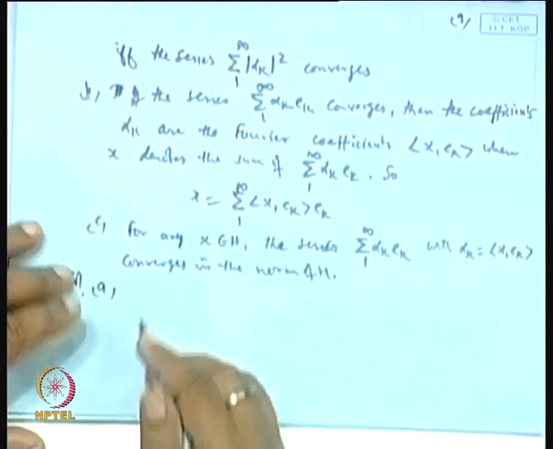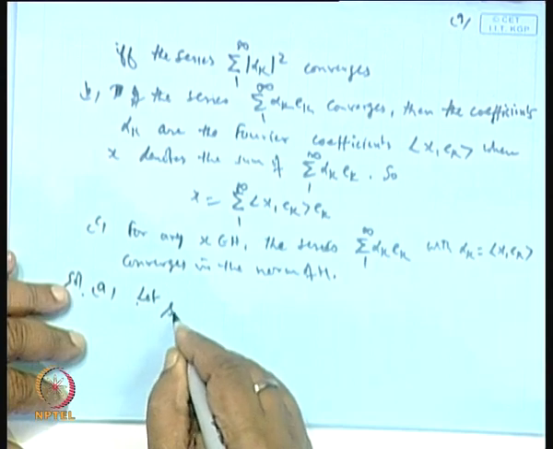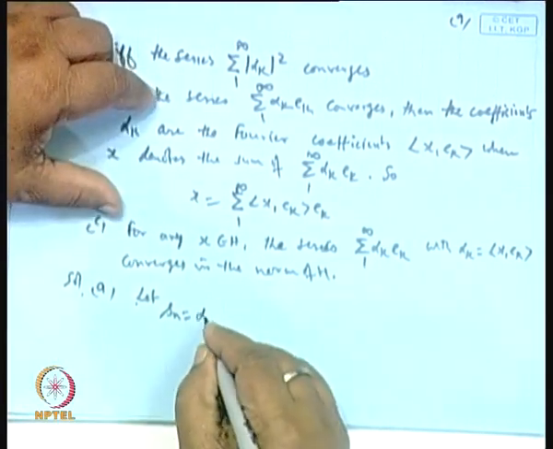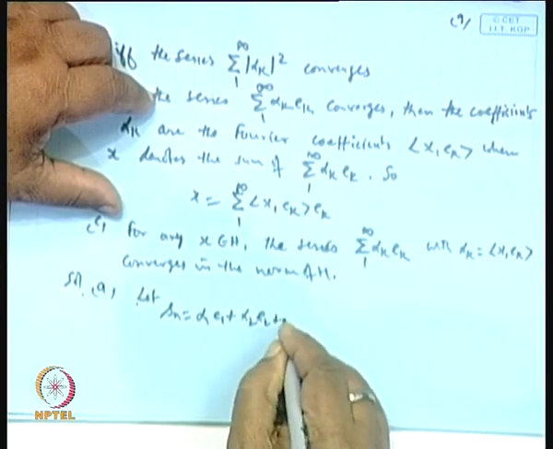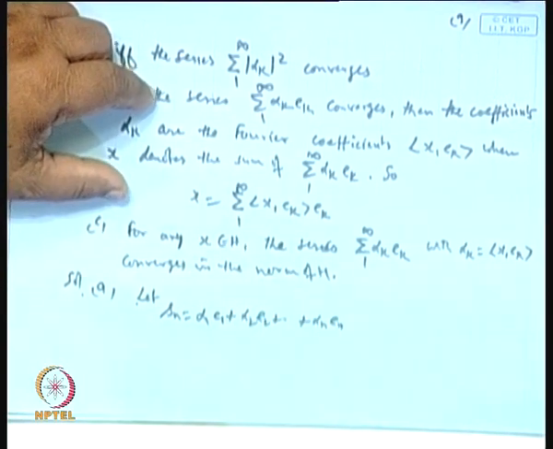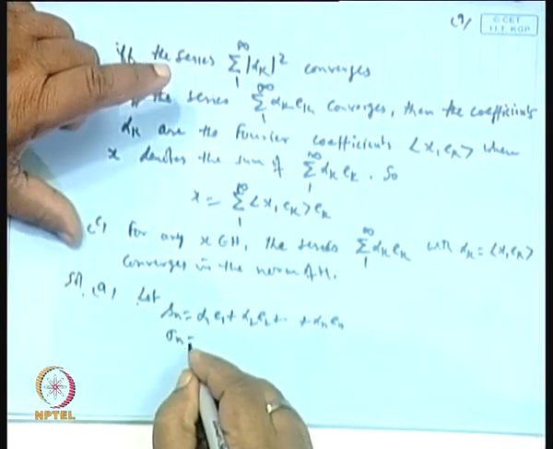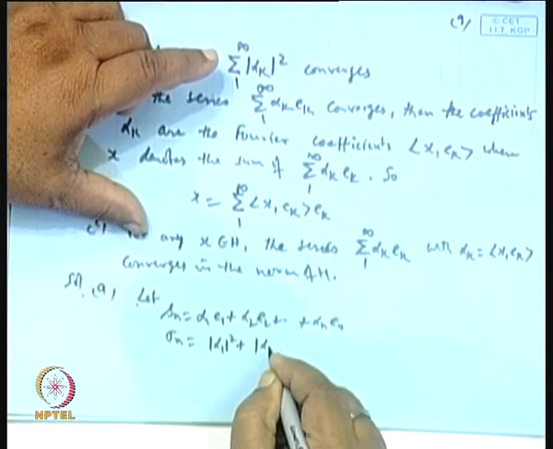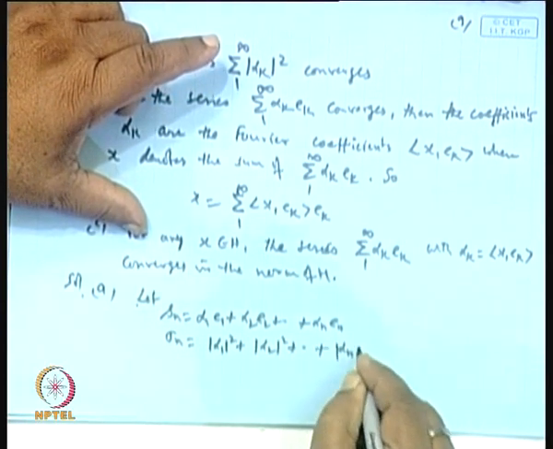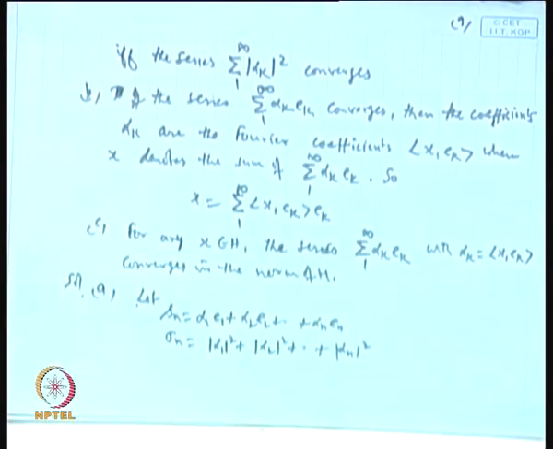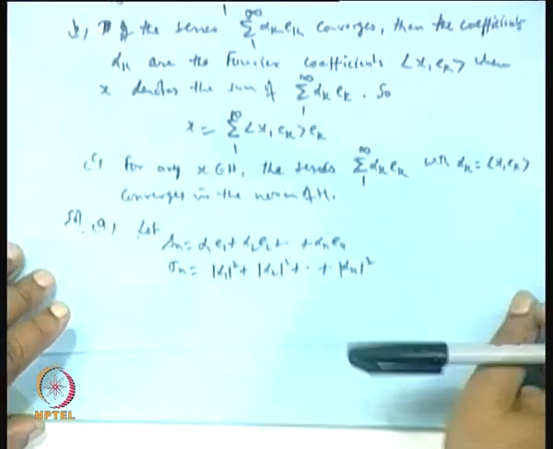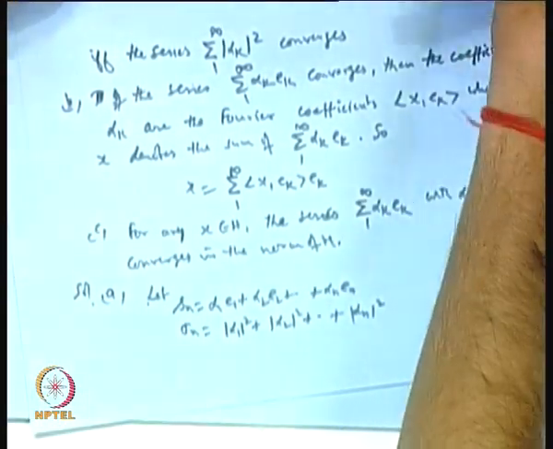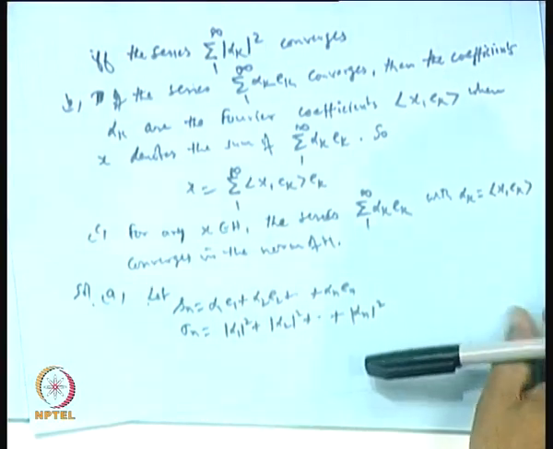Okay. So, let us take S_n equal to alpha_1 e_1 plus alpha_2 e_2 up to alpha_n e_n. And let sigma_n correspond to mod alpha_1 square plus mod alpha_2 square up to mod alpha_n square. Now, we want the result that this series converges in the norm of H if and only if this converges.